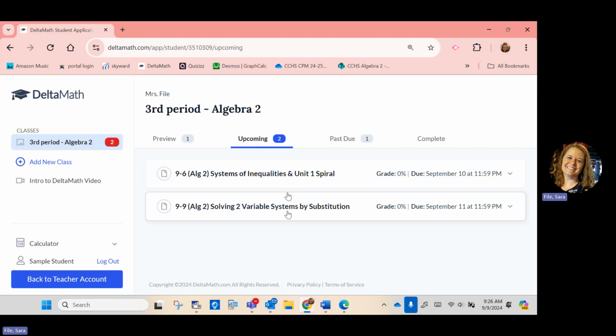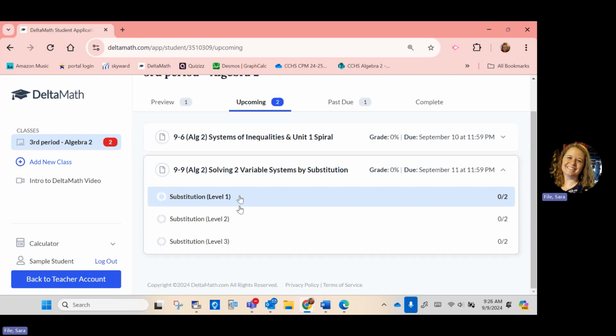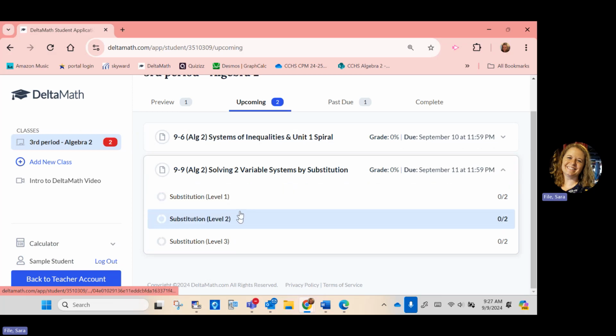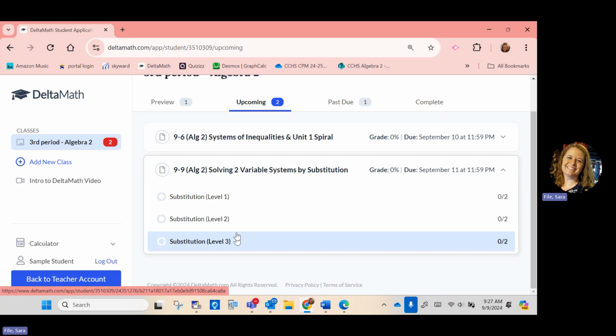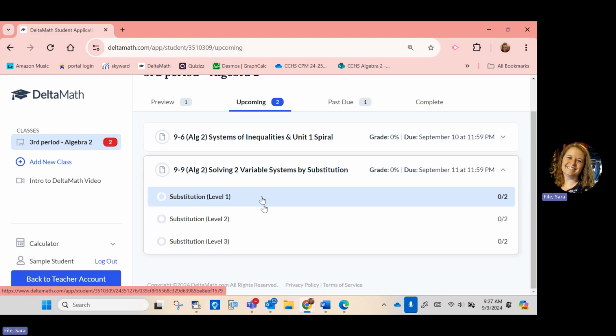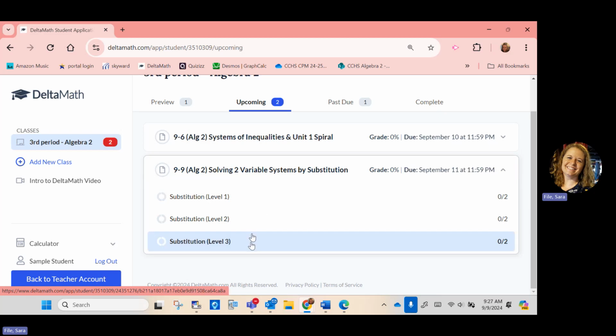Okay, but if you're ready to start today's practice, today's is short and sweet. There's only 3 types of questions. They're all substitutions. You can see level 1, 2, 3. So that just gets a little progressively more difficult. So level 1's the easiest, level 3's the most complex. And I'm just asking you to do 2 of each.